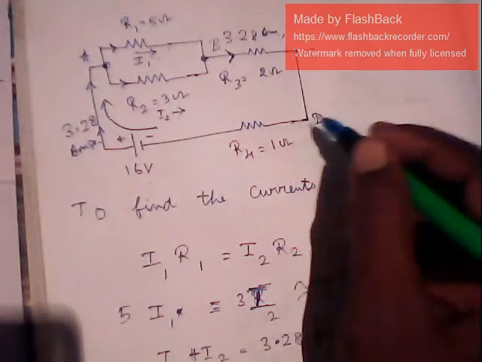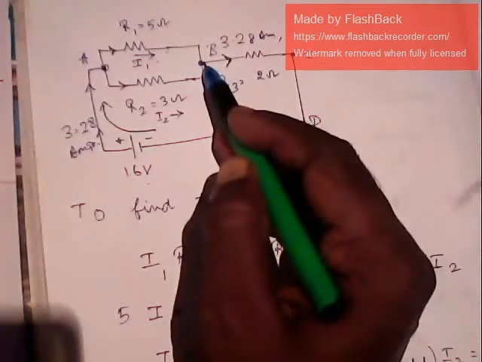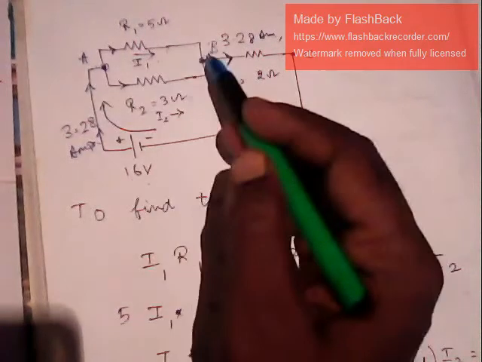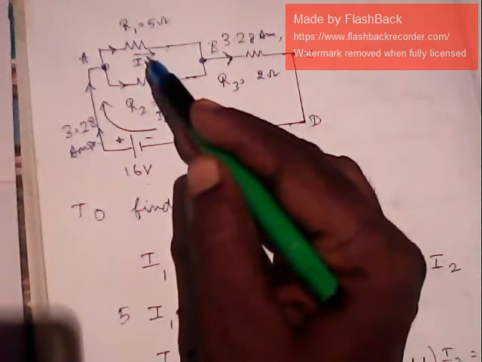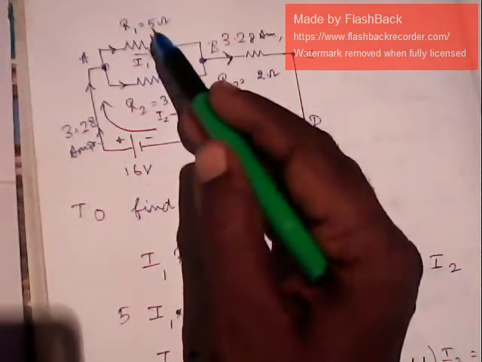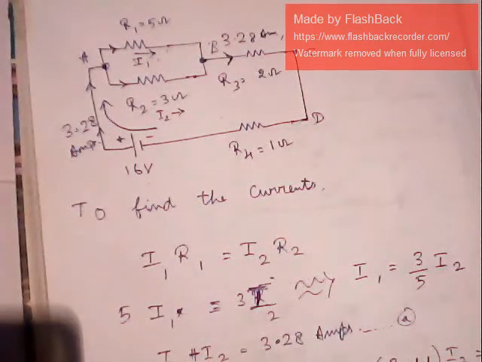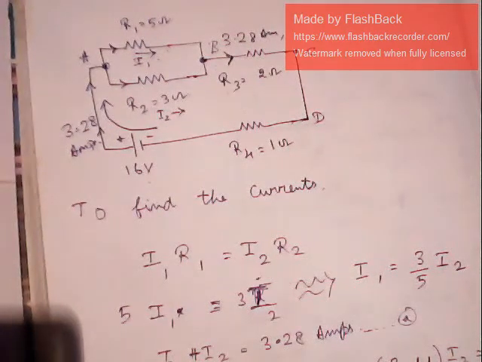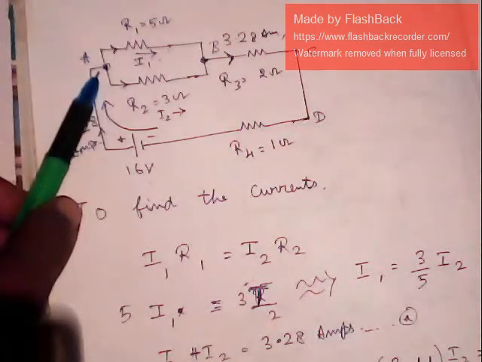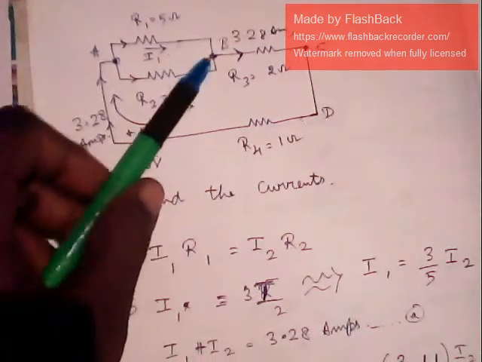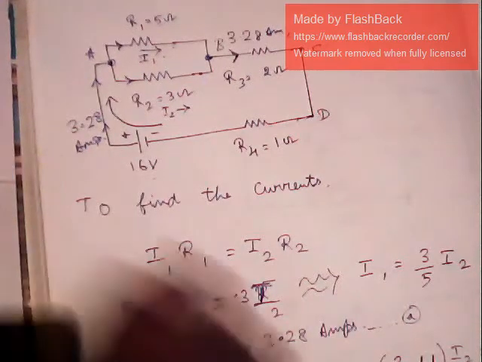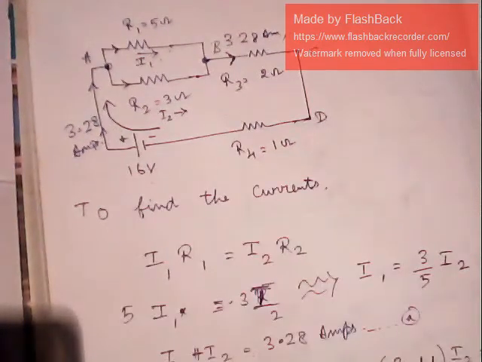Now it is obvious that across the nodes A and B, we have the 5 and 3 ohm resistors in parallel. Therefore, the voltage drop across these two resistors has to remain the same.